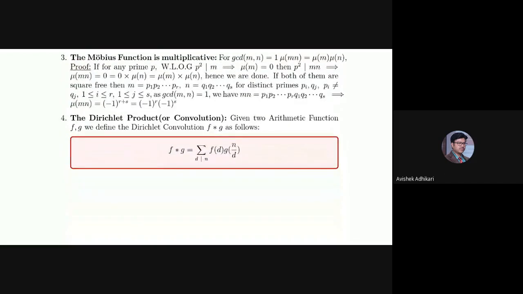Now we are going to define a very interesting binary operation, the Dirichlet product, which states that for given two arithmetic functions f and g, the Dirichlet product of f and g is the summation over d dividing n of f(d) g(n/d).